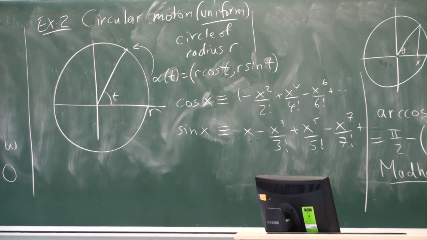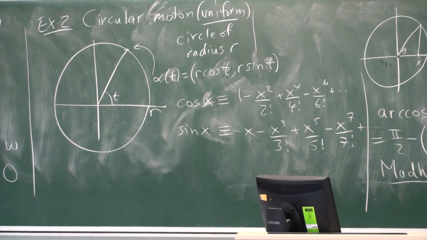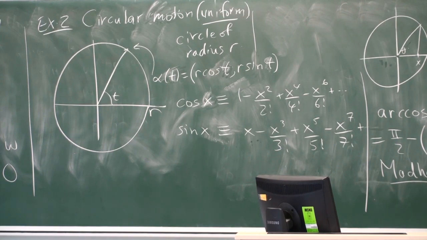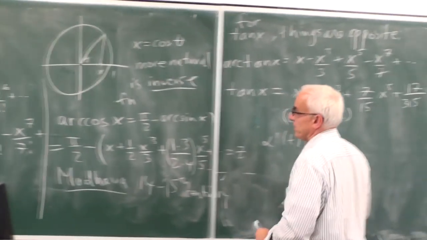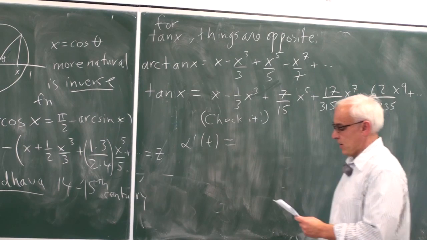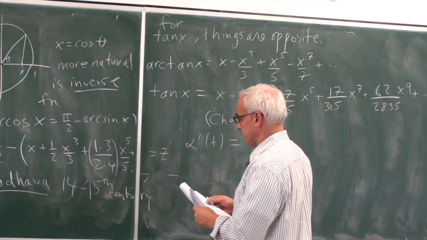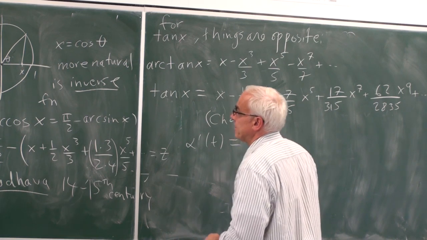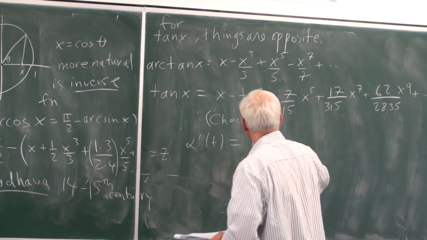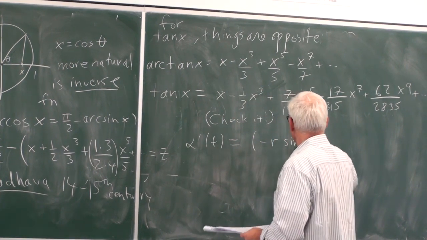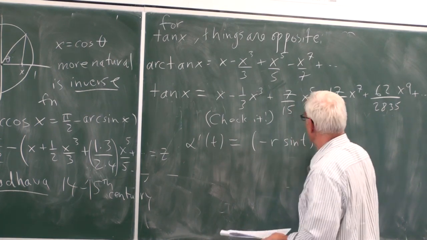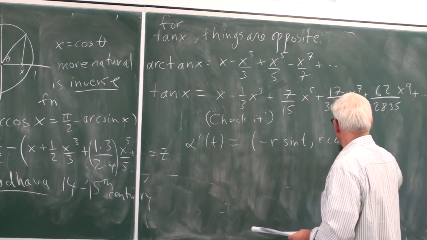So carrying on with what we had over there, alpha prime of t, if we differentiate that with respect to t, what are we going to get? So the derivative is minus r sine t and r cosine t.